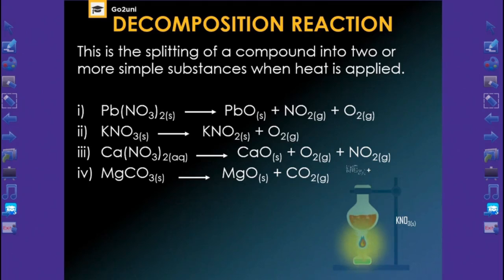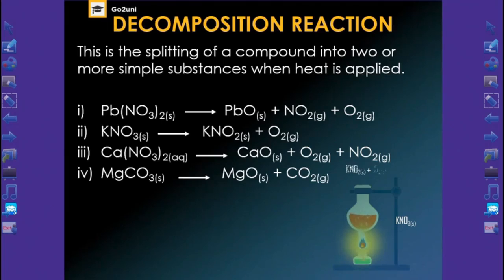In the third equation, calcium trioxonitrate 5, or simply call it calcium nitrate, will decompose to give calcium oxide, also known as quicklime, plus oxygen and nitrogen 4 oxide. We also have magnesium carbonate decomposes to give us magnesium oxide plus carbon 4 oxide.